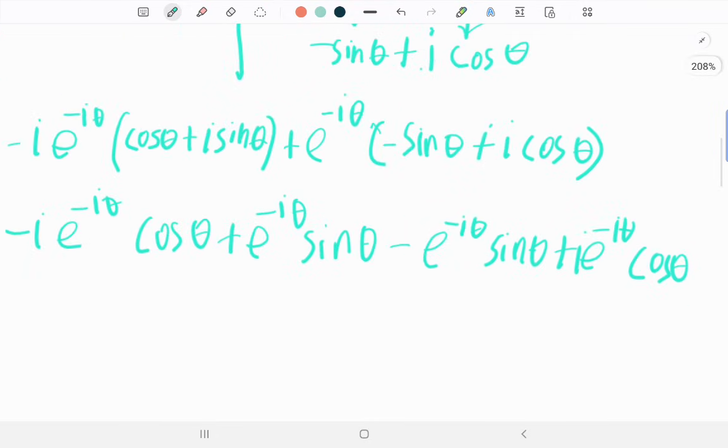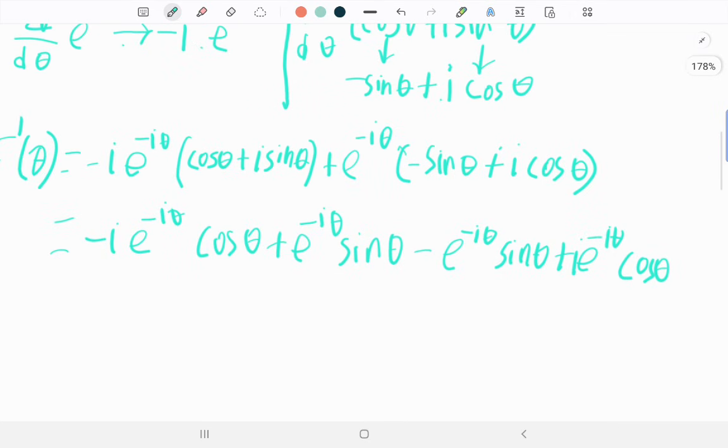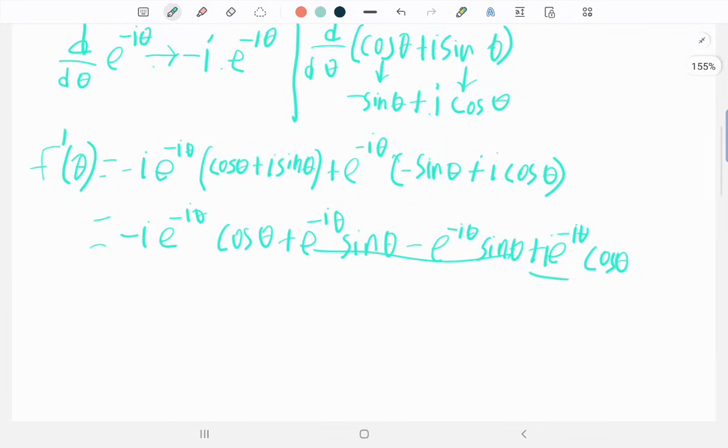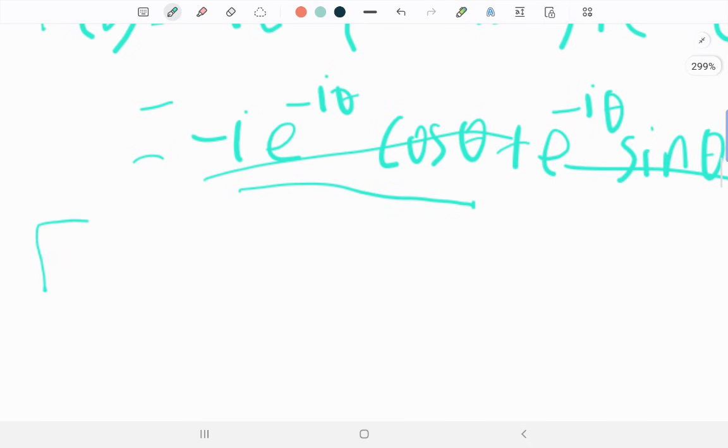If we really look at the structure here, e to the negative i theta times sine theta minus e to the negative i theta sine theta is just 0 since it cancels out. And also if we look at the other two terms, it's the same thing. So both sides cancel out. Therefore, we find that the derivative of our original function is equal to 0.